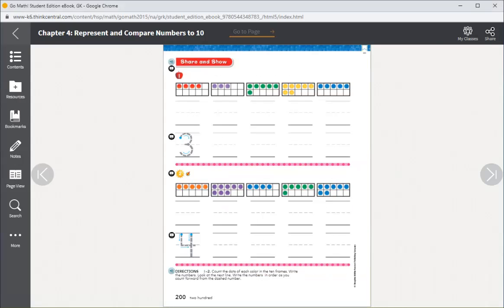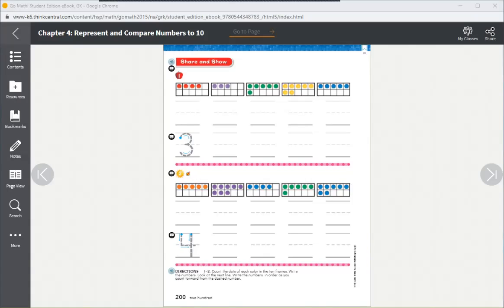Okay, here we are going to count each 10 frame and write how many there is on the bottom, okay? So for example, let me get my pencil out. Right here, we have red counters in this 10 frame.